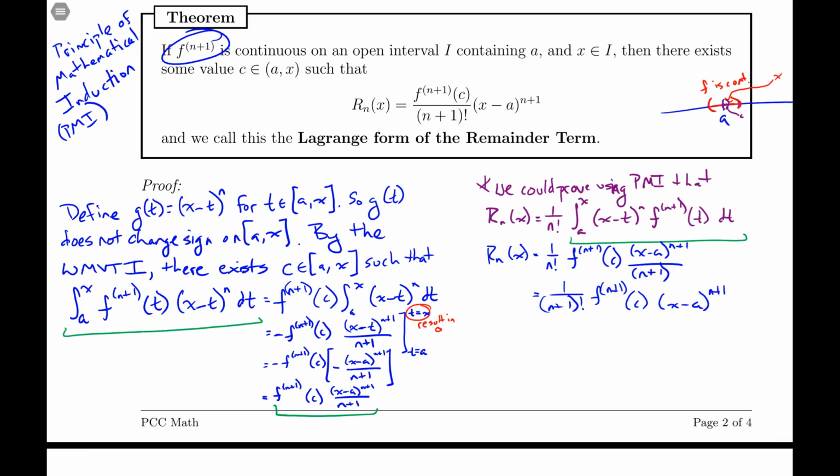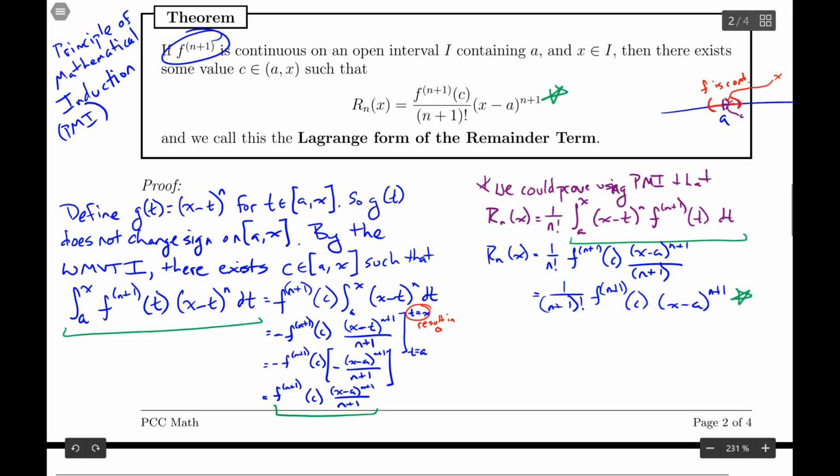And this actually is completely equivalent to what this theorem is saying that we should get. So, we've shown exactly what we're supposed to show. Perfect. We're on our way.